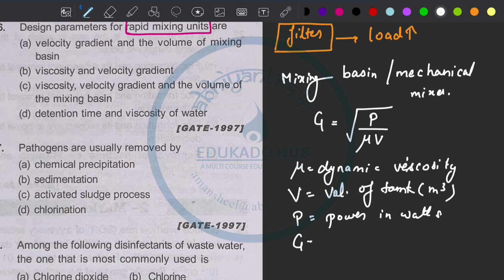G value is in second inverse, because G is the velocity gradient and its unit is second inverse.